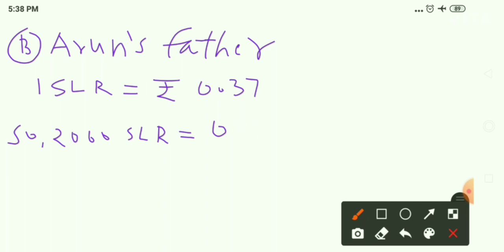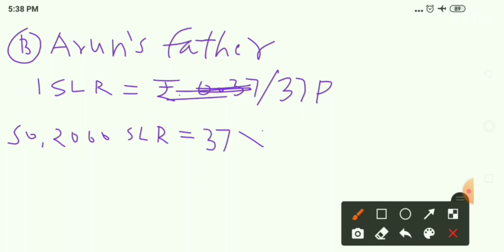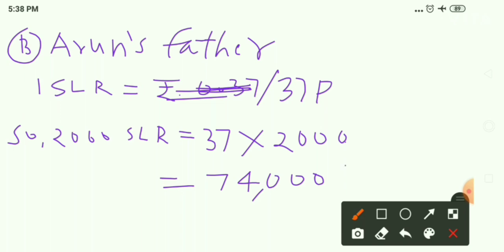So let me write 37 paise directly in the place of 0.37. So let me write here 37 paise multiplied by 2000. Okay, so 37 times 2 is 74. And how many zeros are here? 1, 2, 3. So we got 74,000 paise.